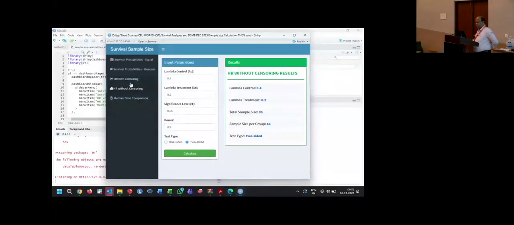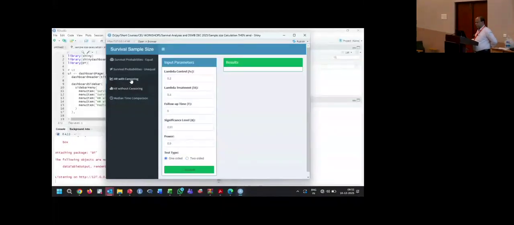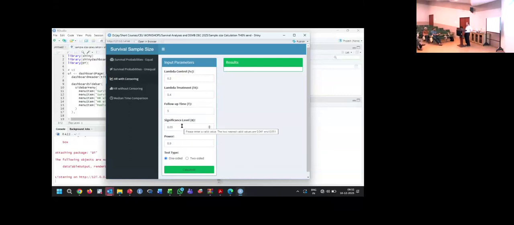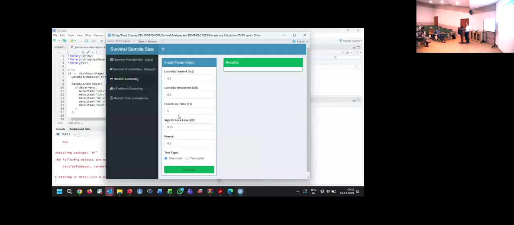What happens if I choose censoring here? Is it asking about the censoring concept, lambda? This is asking about time and not the censoring. So the chart is without censoring.